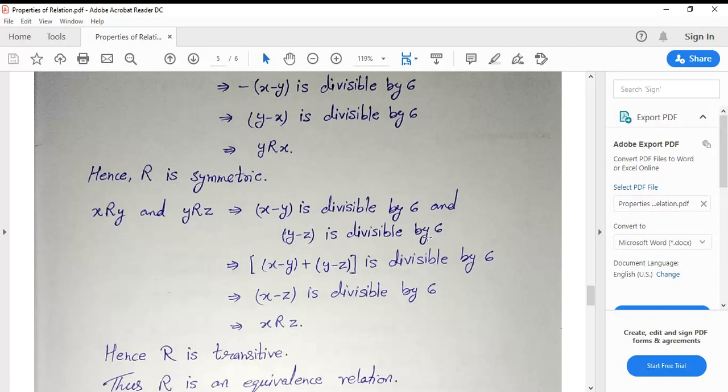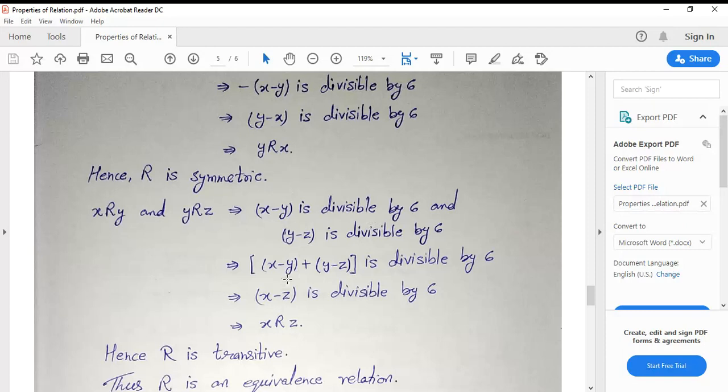Now we have these things. So from these we take that if one number is divisible by 6 and the other number is also divisible by 6, then it is always true that the sum of those numbers is also divisible by 6. So if we add these numbers, x minus y plus y minus z, the summation of this is also divisible by 6.